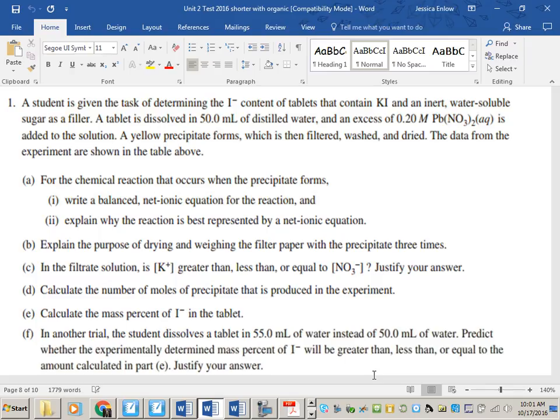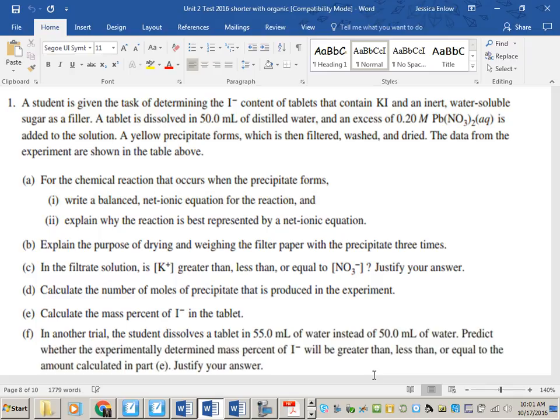It says excess nitrate is added to the solution, so this is where I saw a couple people say, okay, that's an excess. That's a good point to make because the details up here are very important. All your NIE should have been 2I, one person didn't put the 2, lead(II), and lead(II) iodide solid. Good? Okay, we are okay with that.